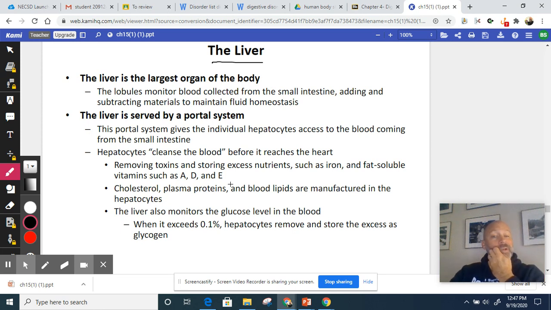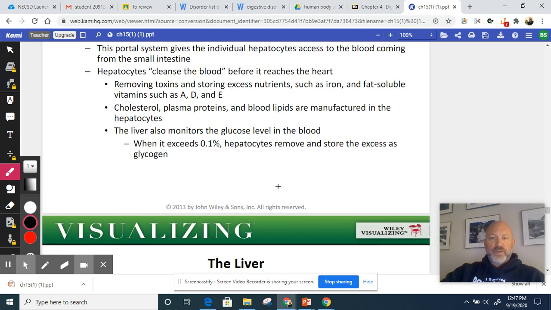And the liver is also at the same time monitoring glucose levels. So if glucose levels are increased, the hepatocytes will remove glucose from the blood and start to put it together in these chains.